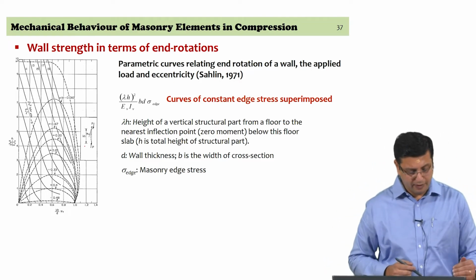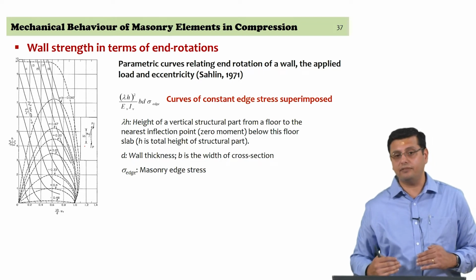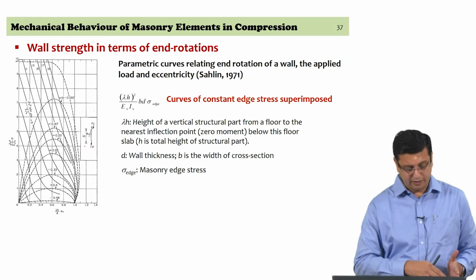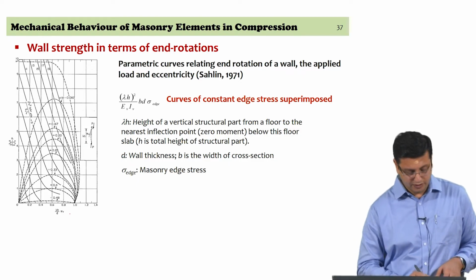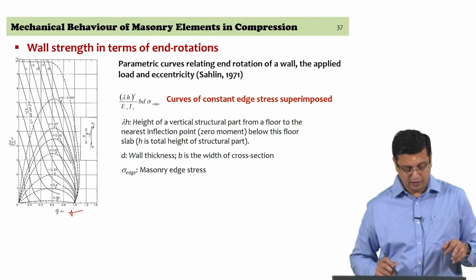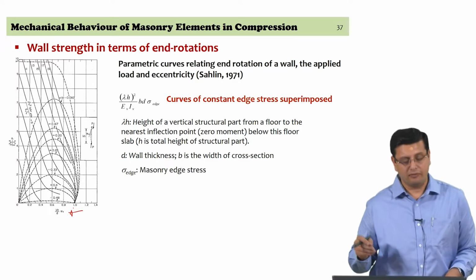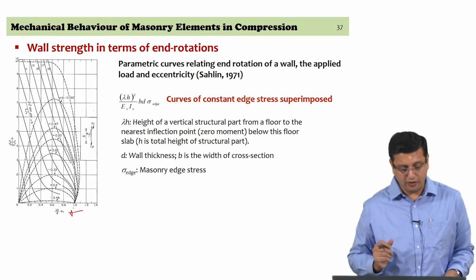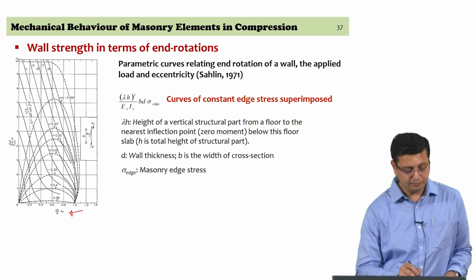Depending on the level of rotation, the end rotations, an estimate of the end rotations is given on the y axis. You can see that the end rotations are given in terms of lambda h by d into phi v, which is an estimate of how much rotation you have in the wall itself.